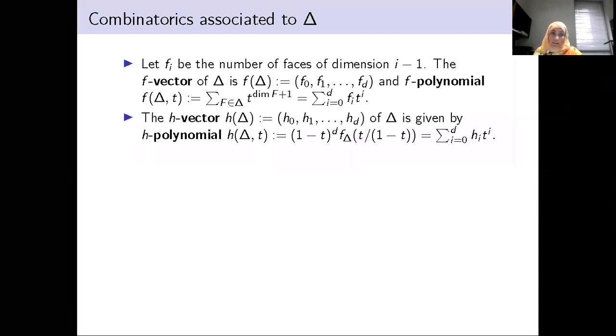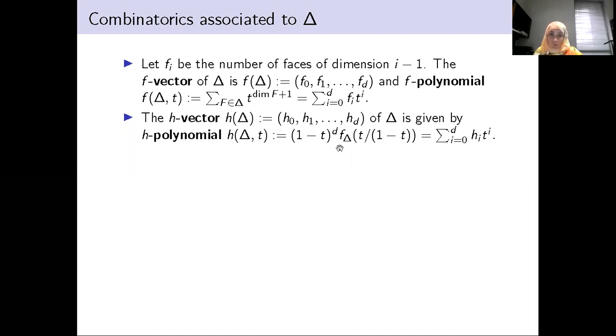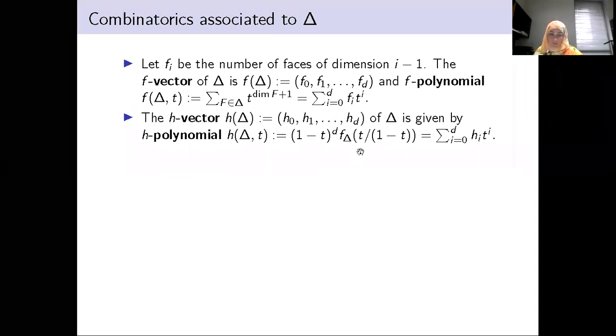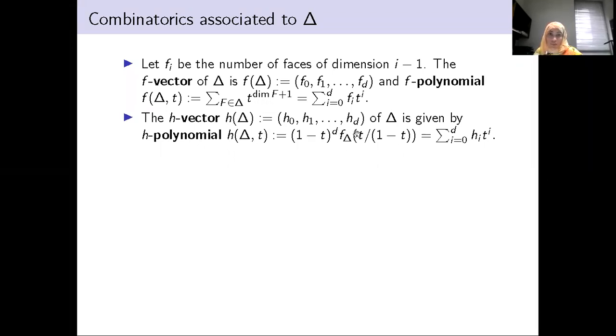There is another vector we associate to Delta, called the h-vector, coming from the h-polynomial, which is interlinked with the f-polynomial. The h-vector is just the image of the f-vector under some linear transformation and nothing else.